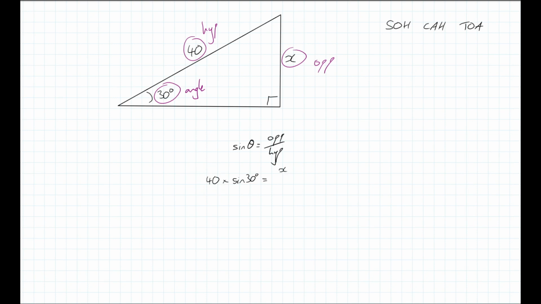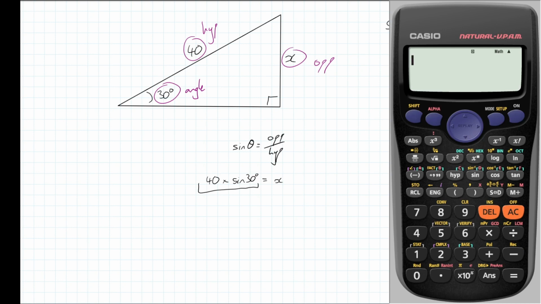So it was dividing on the right-hand side. It is now multiplying on the left-hand side. This is now ready to go into a calculator. So if we get our calculator, we can type 40 times sine 30, and we get our answer of 20. Fantastic.